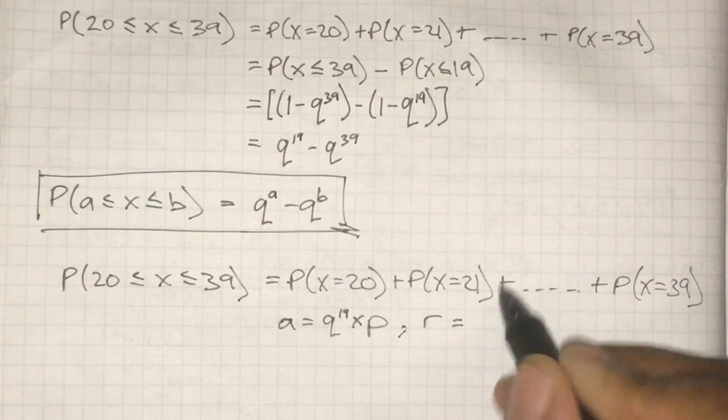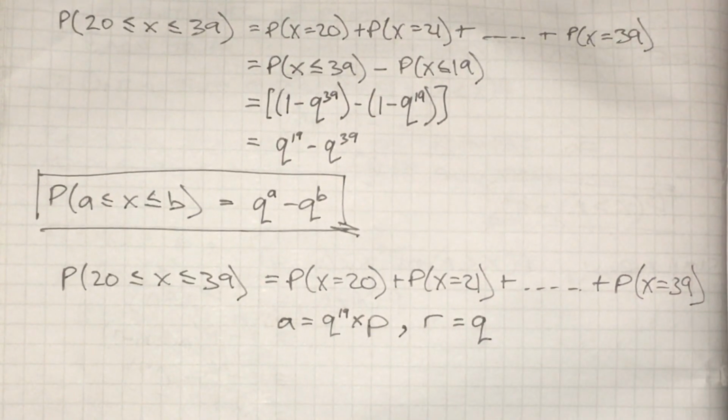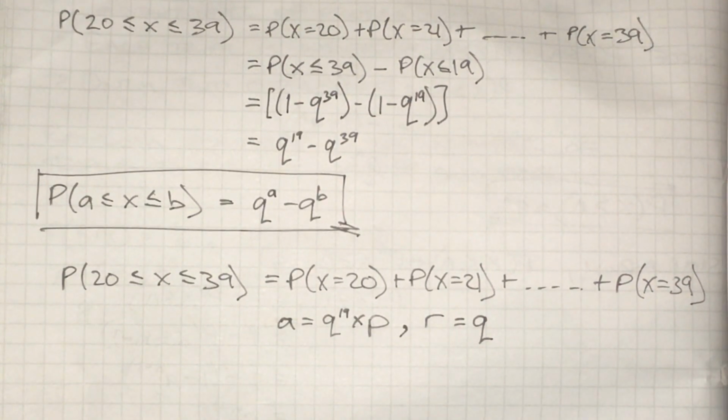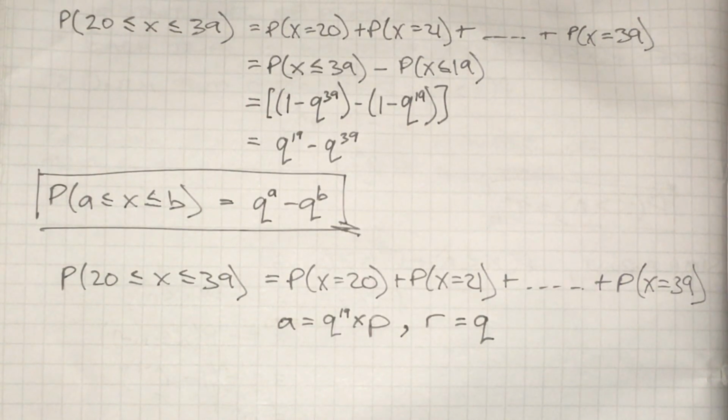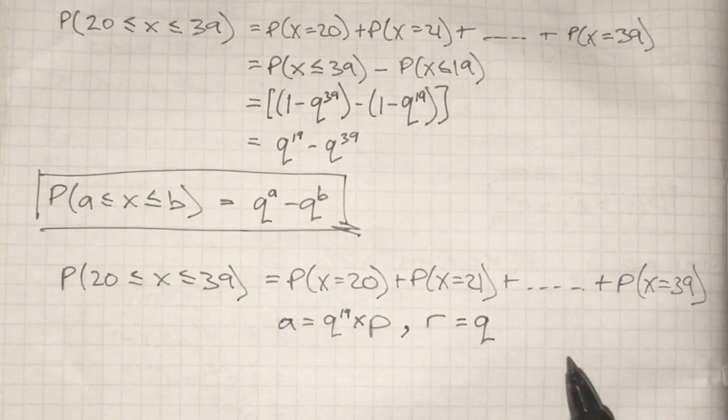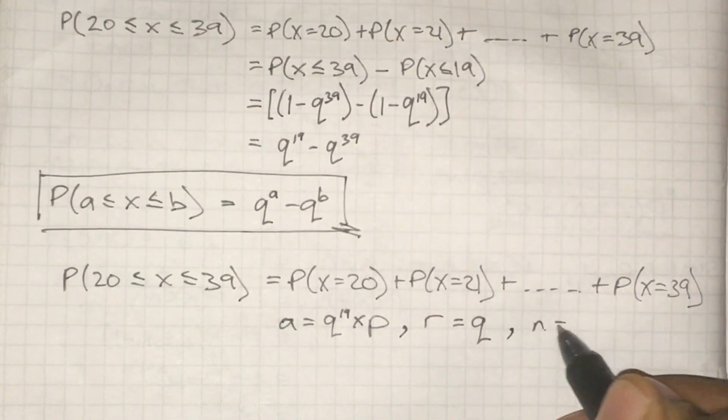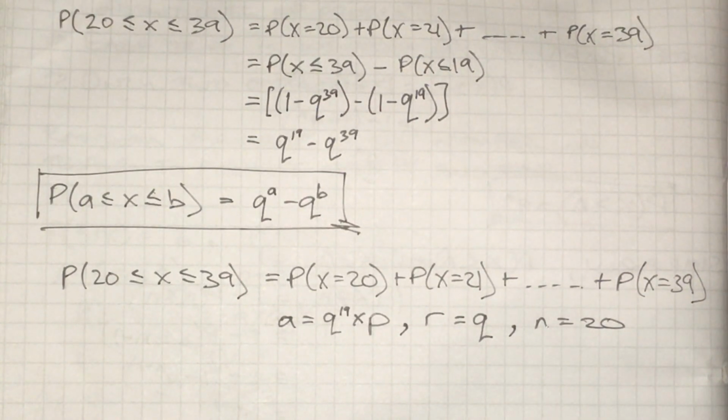So that's q to the 19 times p. And then R is going to be q. And we could have used that with n equals 20. It would take 20 terms to get from 20 to 39. And we can just go ahead and sum from there. So you actually have two approaches here if you have a probability statement that's a double sided inequality.